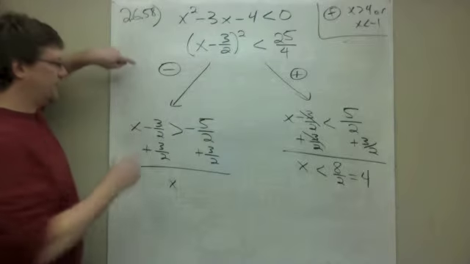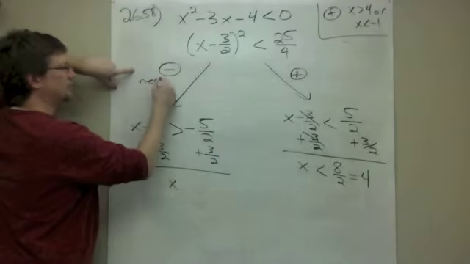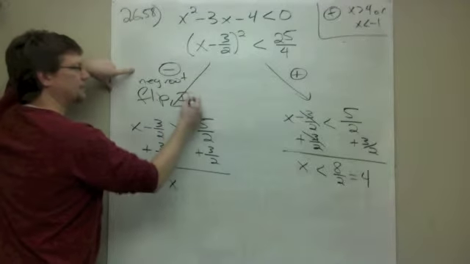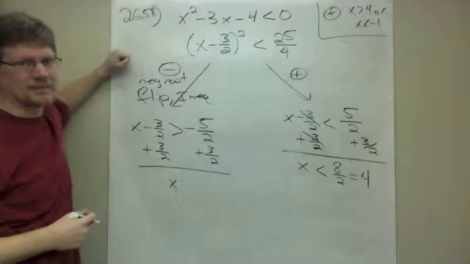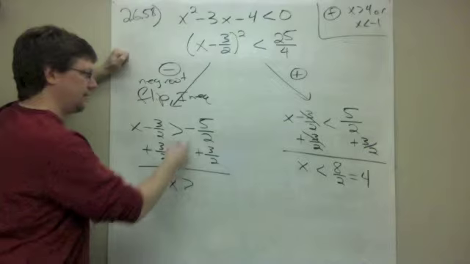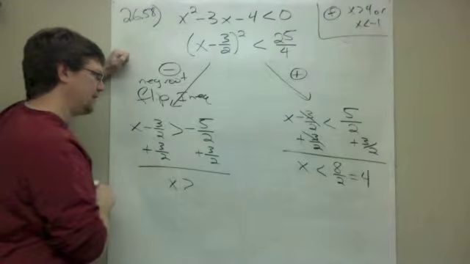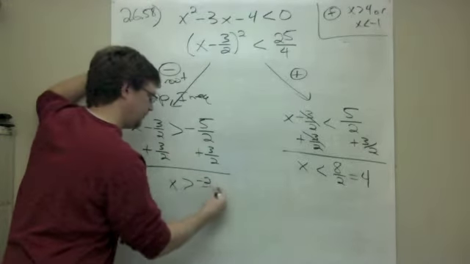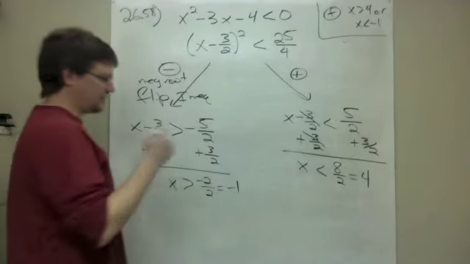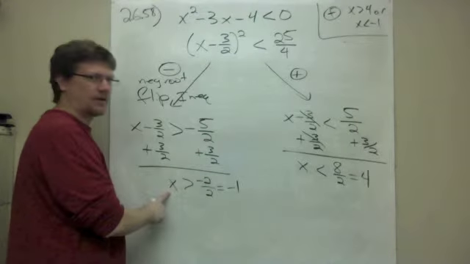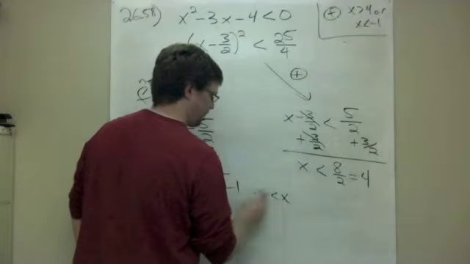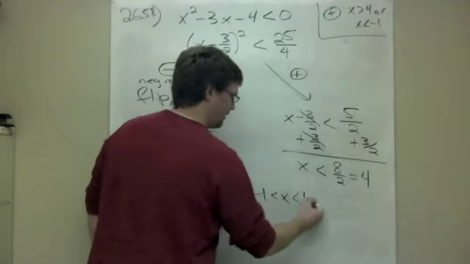Because of the negative sign, we choose the negative root and we flip the inequality. I've docked myself a point there. So x has to be greater than negative 5 plus 3 is negative 2, but negative 2 over 2 is the same thing as negative 1. So x has to be less than 4 and greater than negative 1. The only way that happens is if x is between negative 1 and 4.